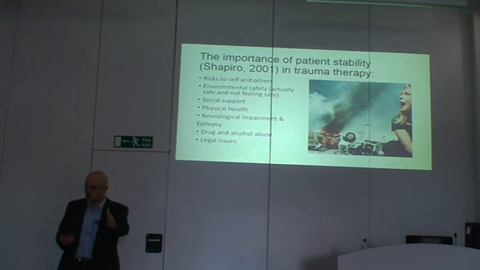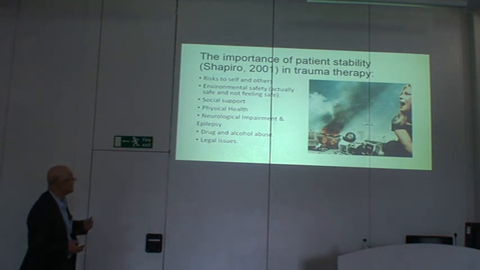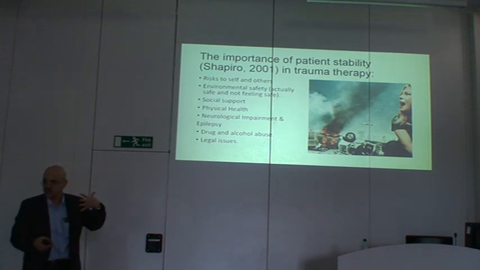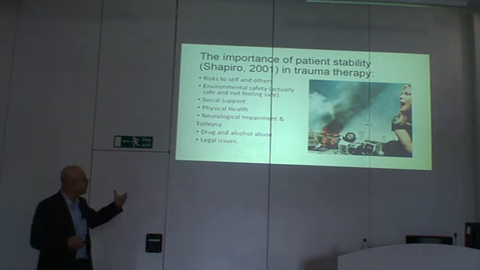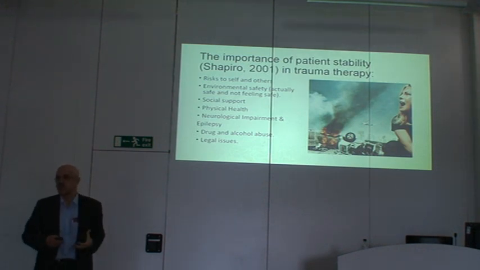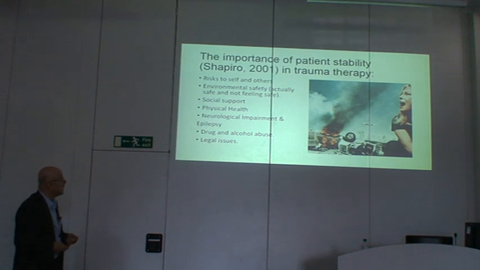Get more information about what is happening with the heart before we can decide about this. Neurological impairment, again, probably in car accidents, you have neurological impairments and epilepsy as a problem, and then it is very important to ensure stability, liaising again with the neurologist or the GP.